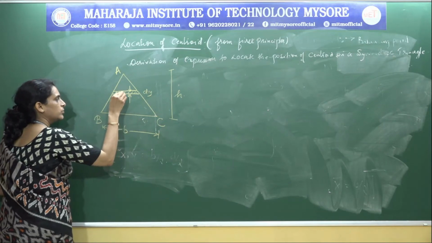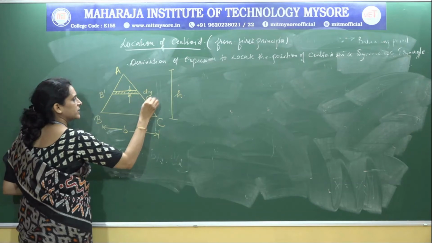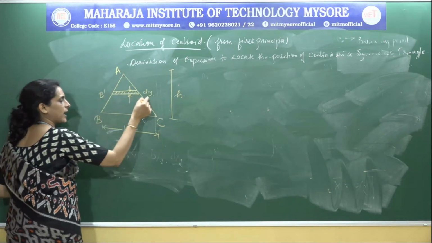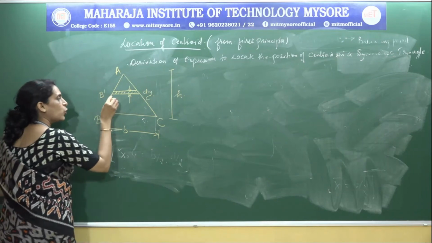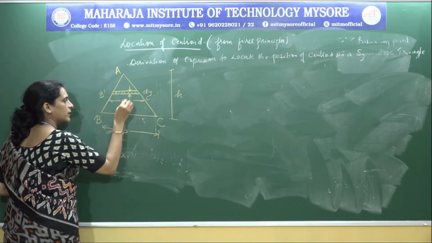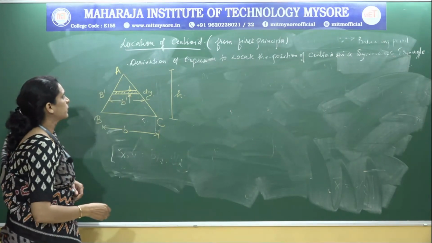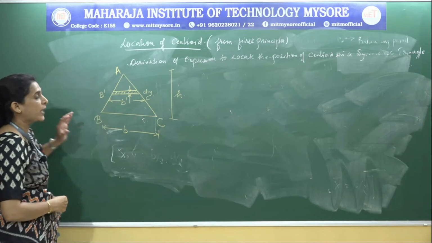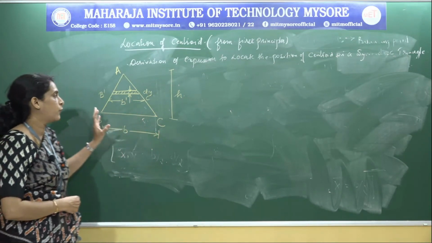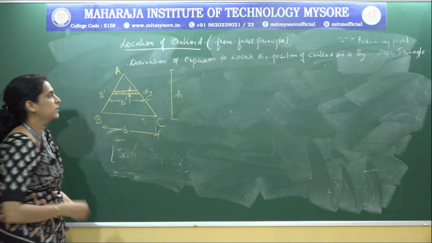So now the smaller triangle which I can see here will be named as A, B dash and C dash. So what is the width of this smaller triangle? It is B dash.